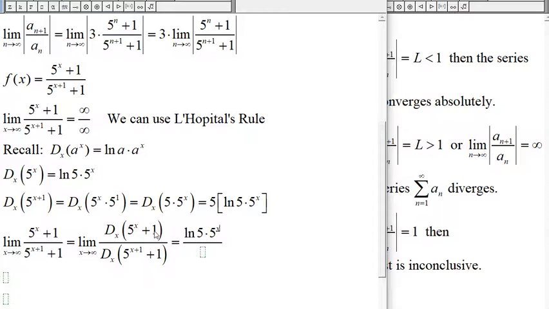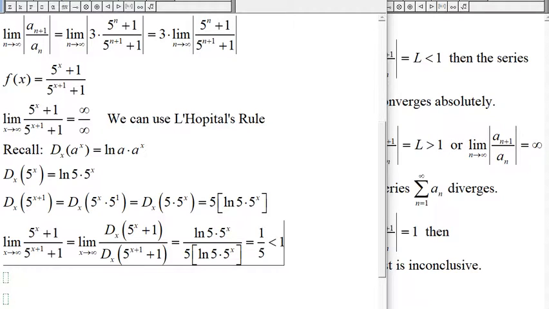The derivative of 1 is just 0. And then the bottom, the derivative of 5 to the x plus 1 is this, and the derivative of 1 is just 0. And so ln 5 will cancel out, and 5 to the x will cancel out, and we get 1 over 5. So one more time, this part and this part will cancel out, and with nothing left on the top, we put a 1. And therefore this is less than 1.